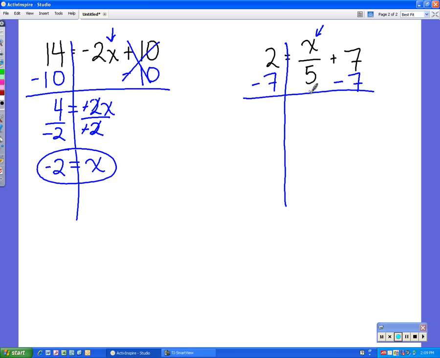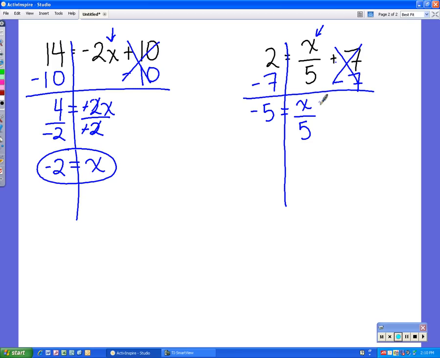Now we have 2 minus 7, which is negative 5. Bring down the equal sign. X divided by 5 is not changed, so I leave x divided by 5. Positive 7 minus 7 is 0, so I can x that out. Now, we've got our x, and it's being divided by 5.